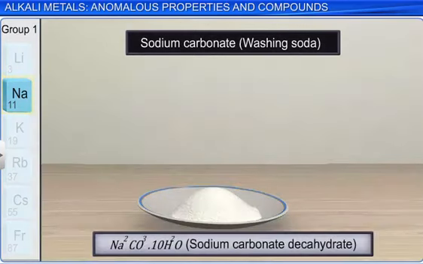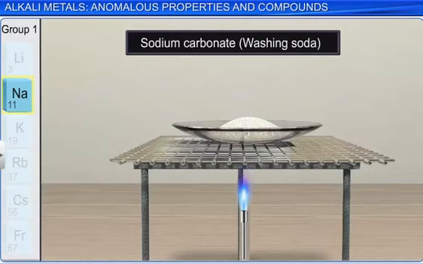It is typically found as a hydrate with 10 water molecules of crystallization, called sodium carbonate decahydrate. When heated, 9 of the water molecules of crystallization are typically removed, forming the monohydrate salt.